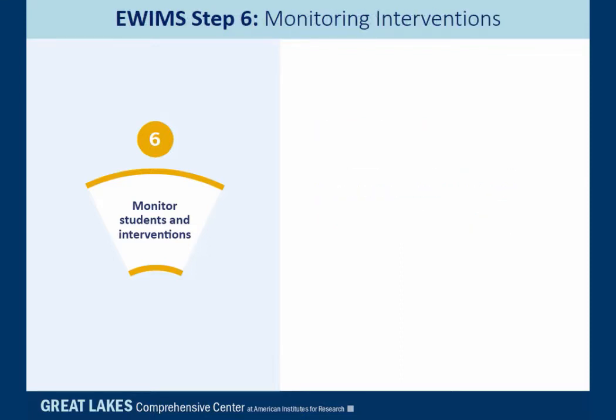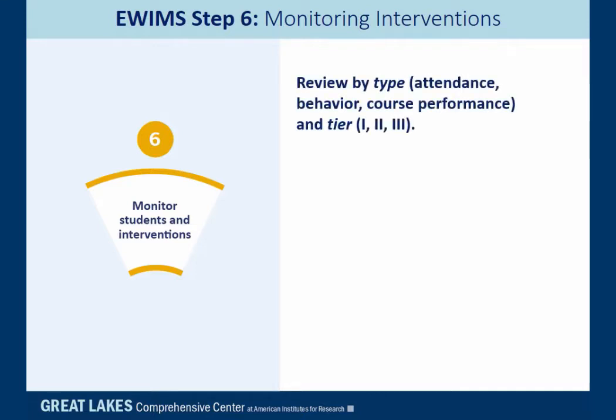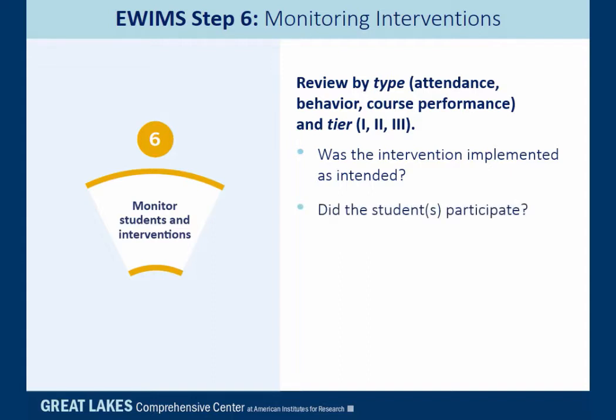In addition to monitoring students in Step 5, teams also monitor the interventions themselves to see if they are working. In other words, was the right intervention implemented adequately to meet specific student needs? To do this, teams track whether interventions were implemented as intended, whether the student or students participated, and whether the duration and intensity were sufficient.